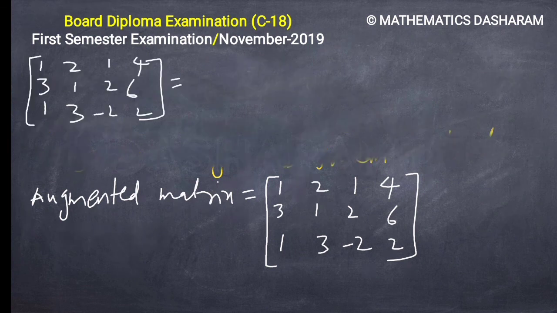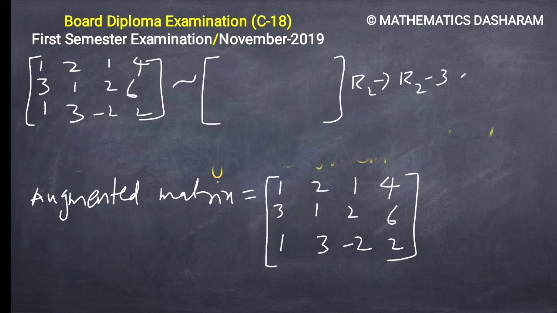Here it is already 1, then we need a 0 at this place. So that is why R2 replace with R2 minus 3 into R1. So the first row will come as it is, last row also as it is, but the middle row is R2 minus 3 into R1.